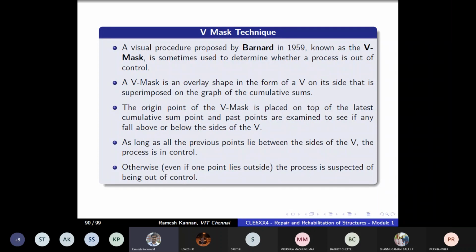But sometimes if it goes off balance, or even touches or crosses the V line, then we will think the process is not in control and it needs additional experimentation, or sometimes we might remove the outliers also. So something which is not contributing to the values, we can remove it, so that can be done, right?